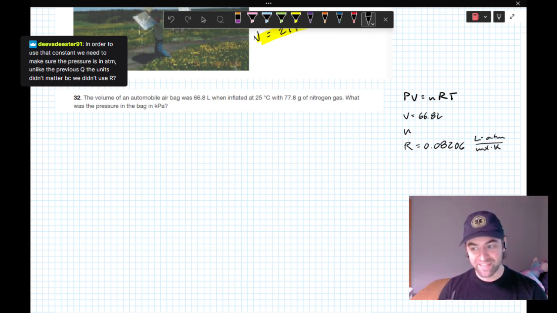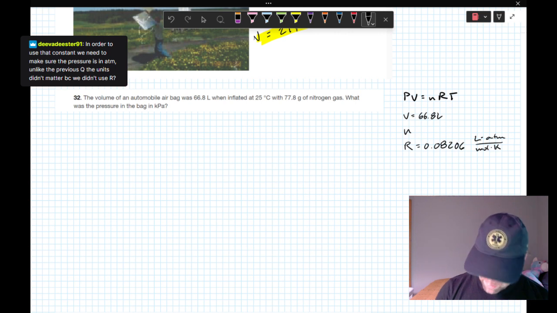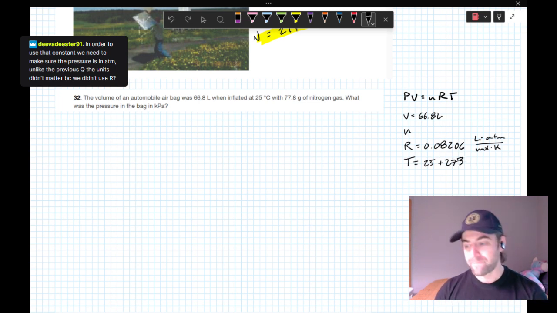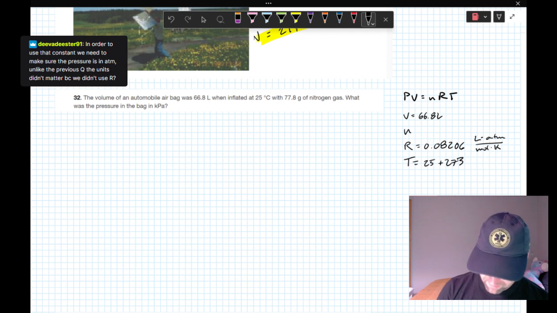And I'm repeating these for a reason. The units are important. And if we just memorize the number without the unit and we forget to convert it in later problems, we get into big trouble. Temperature, we had 25 Celsius plus 273, 273.15 if you want to be more precise, but for our purposes, this works.